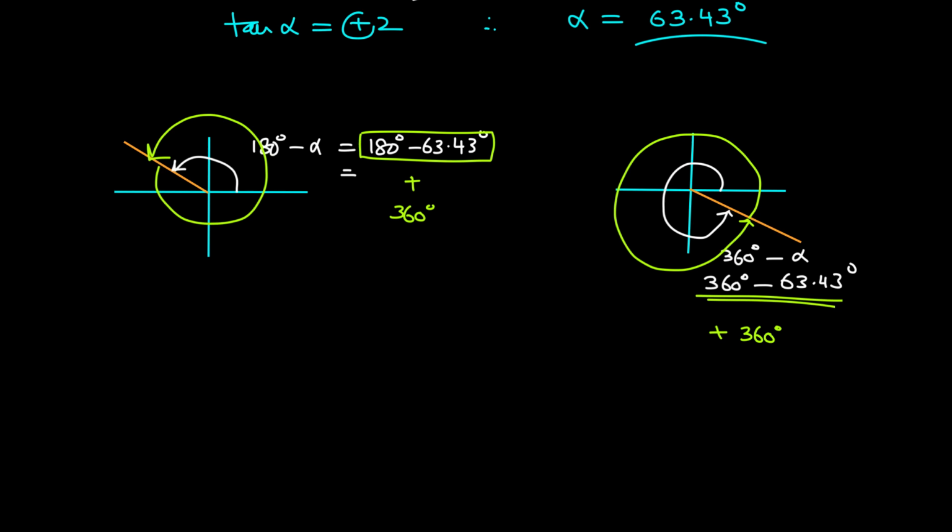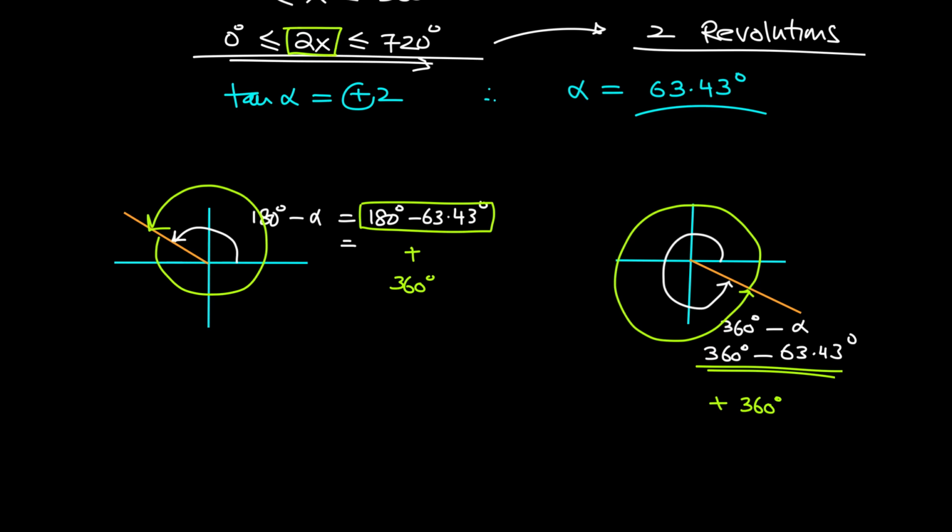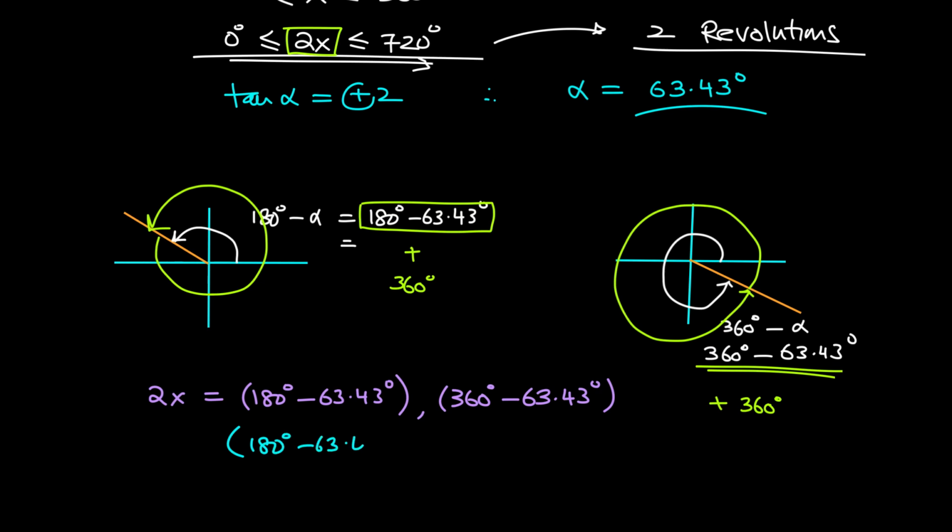Now all these answers are equal to 2x. So the calculation is 2x equals 180 minus 63.43 degrees. Similarly, it's equal to 360 minus 63.43 degrees. And to these values, we are adding: 180 minus 63.43 plus 360 degrees, and similarly 360 minus 63.43 degrees plus 360 degrees.